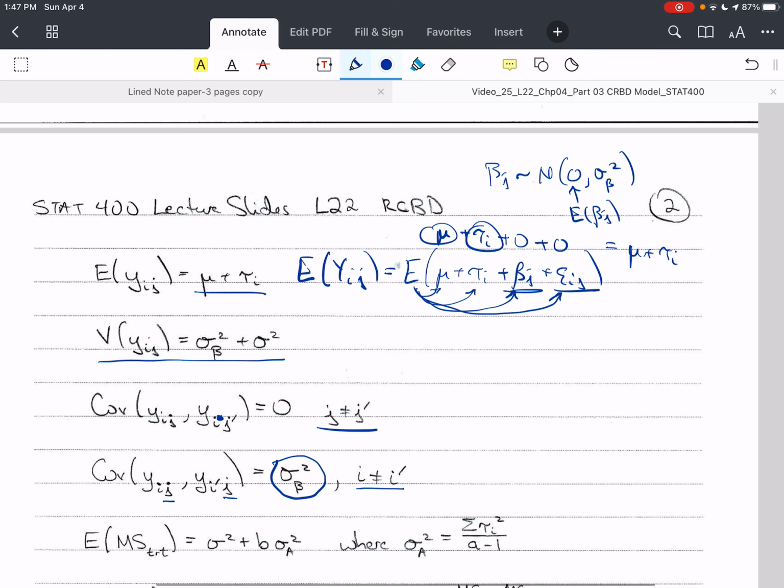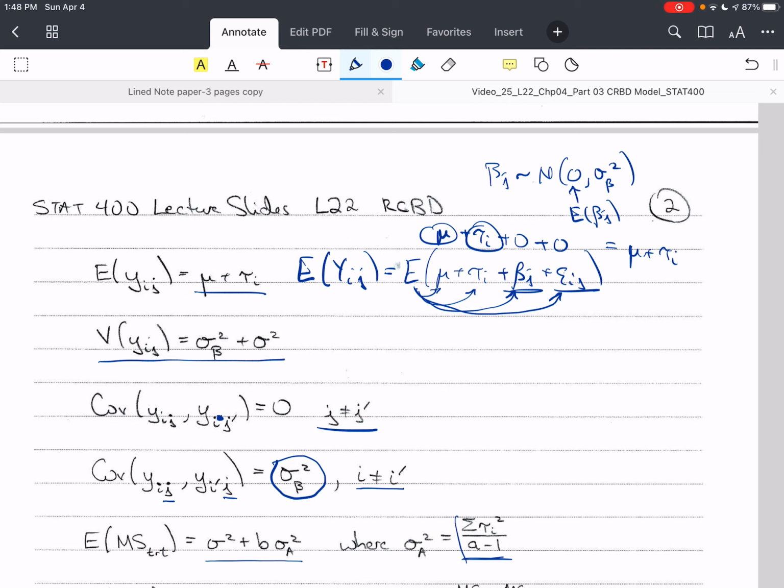Then we look at the expected mean square of the treatment, and we can write it in this form. Sometimes this value is substituted for this value, and we can think of this as a variation. So sigma squared plus b times sigma sub a squared, where a is the treatment effect.